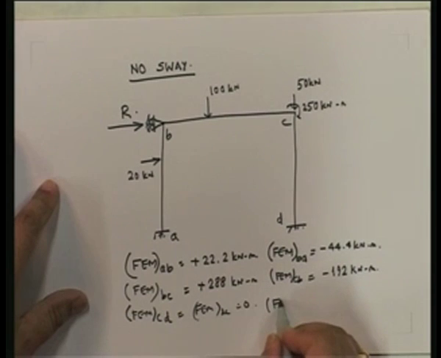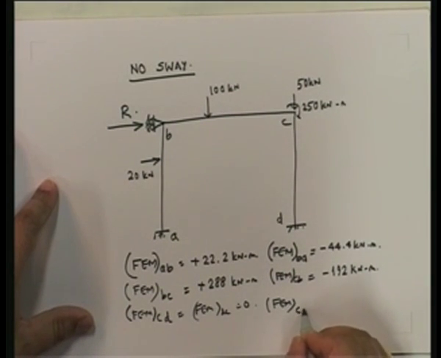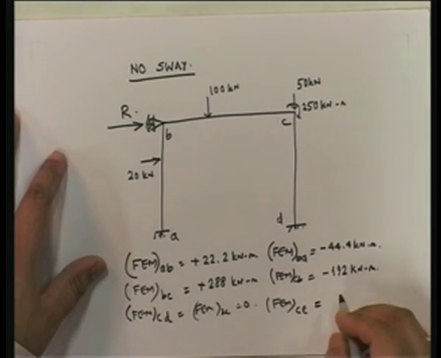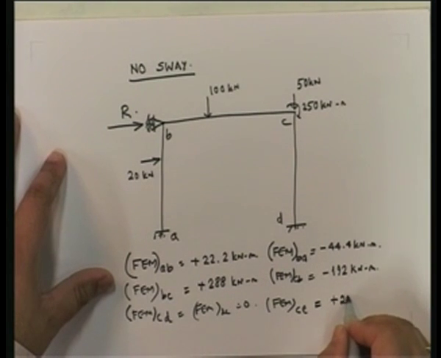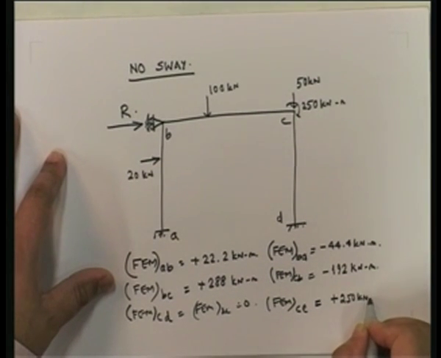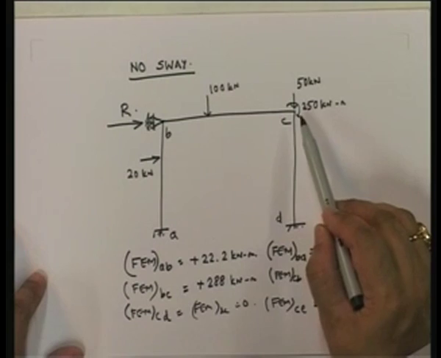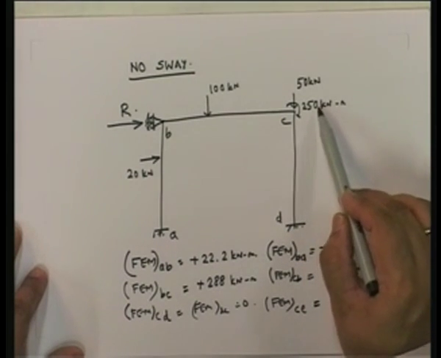And another point here, you have to include the fact that CE is equal to plus 250. The reason for this is that although I have put the load here at this particular point, it is very important to understand that the total joint reaction includes, when you take the equilibrium of the joint, this 250 kilonewton meter.